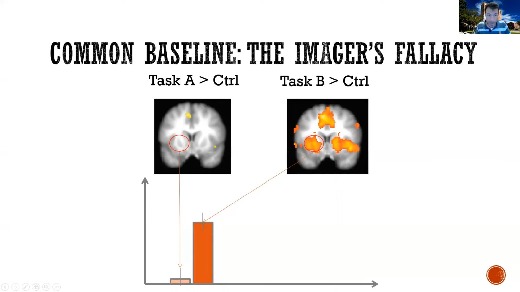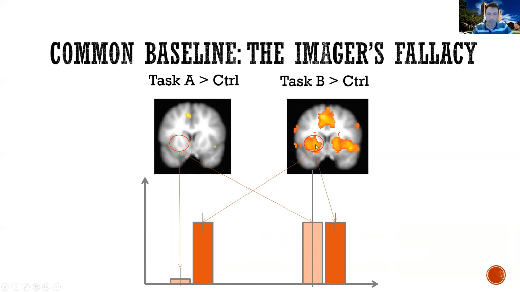However, it's also possible that while task B might have a big and significant activation, task A might also have a big activation, it's just very variable. And so it doesn't give you a significant value when you do task versus control.